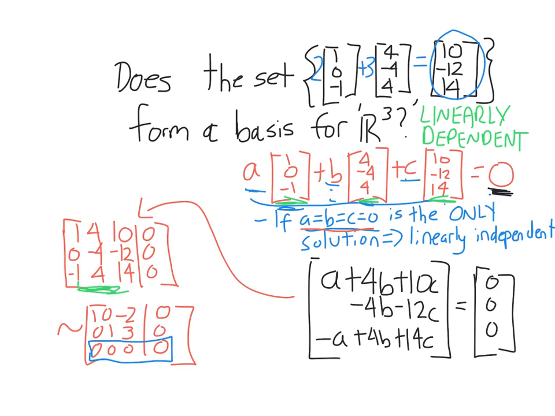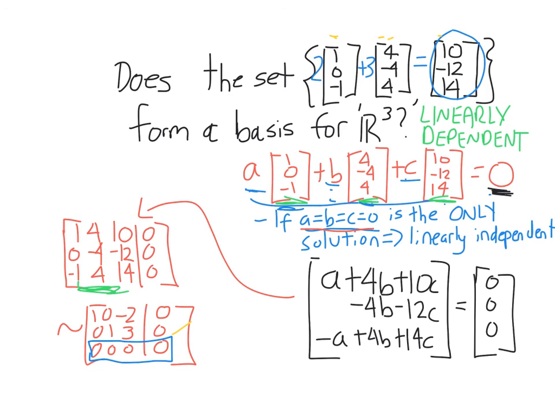We see if there is a solution other than a equals b equals c equals 0, a non-trivial linear combination of the 3 vectors that equals 0. And we found out that there is. There are actually infinitely many linear combinations of these 3 vectors that result in the 0 vector.